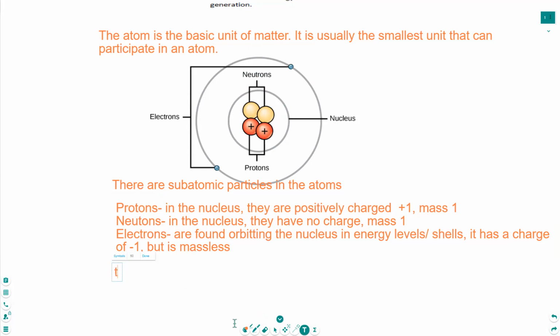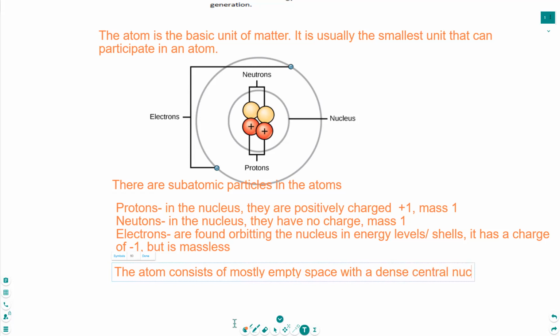So the atom is made up of mostly empty space, with a dense central nucleus and the electrons in shells.